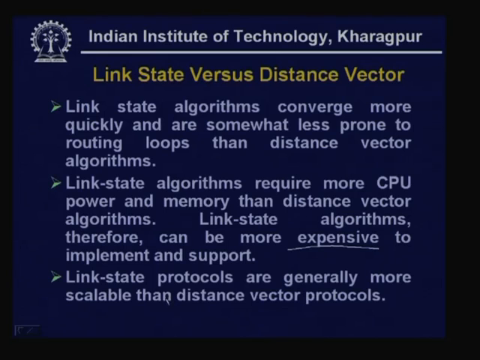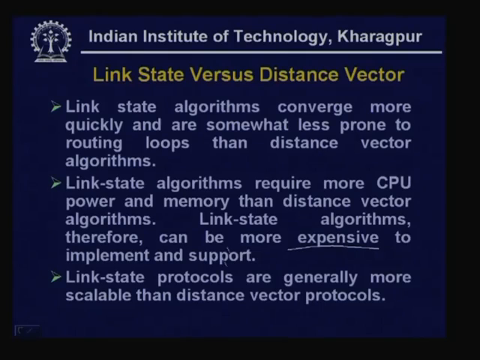However, link state protocols are generally used; particularly they are more scalable than distance vector routing. So, link state routing has been found to be more scalable compared to distance vector routing, and that is why link state routing is becoming more and more popular.